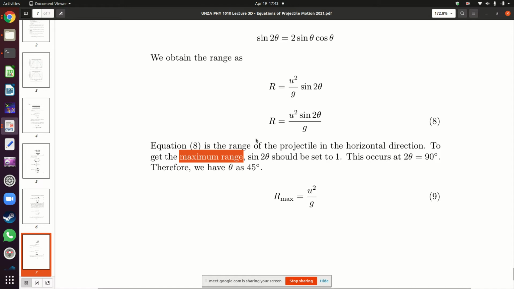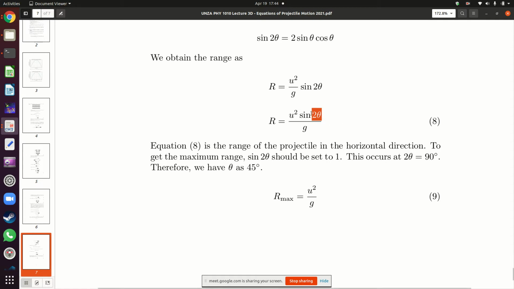Usually we are also very interested in a quantity called maximum range. Now, for you to obtain this maximum range, you have to be aware that you are multiplying with a sine here. And the sine function has a maximum value of 1. This maximum value of 1 only occurs when the angle, this 2 theta, is equal to 90 degrees.